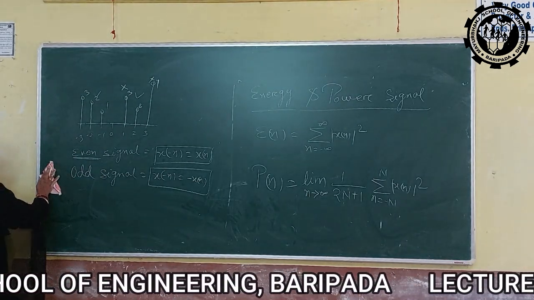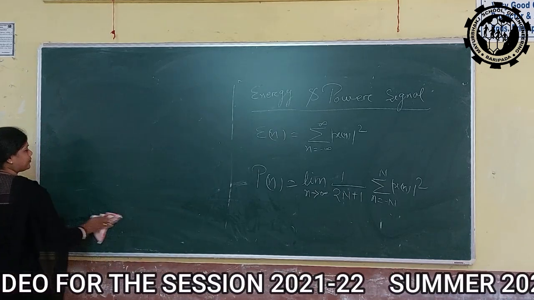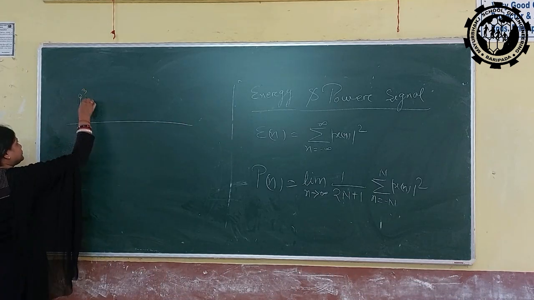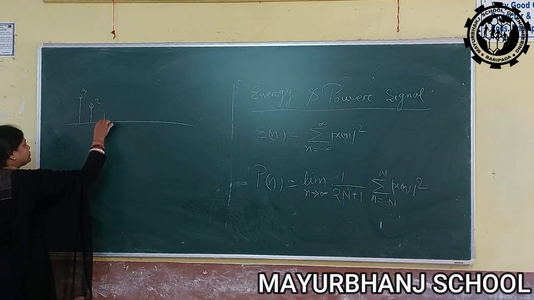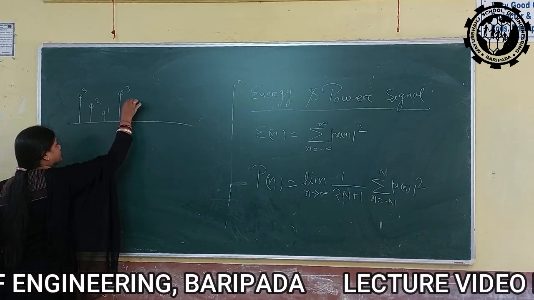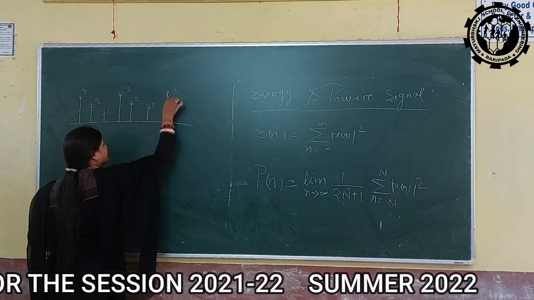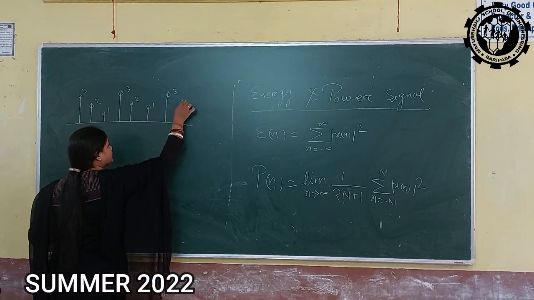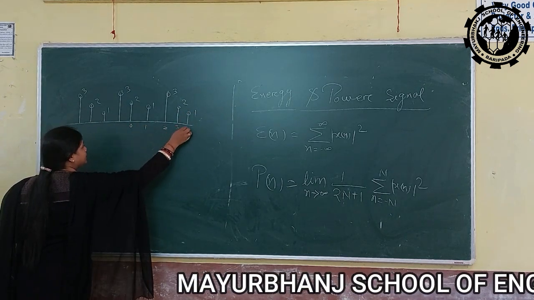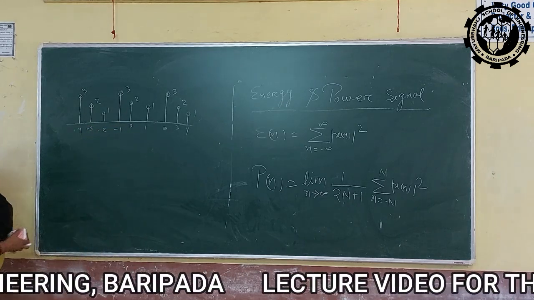Let's take another example. The values of n are 0, 1, 2, 3, 4, minus 1, minus 2, minus 3, minus 4.